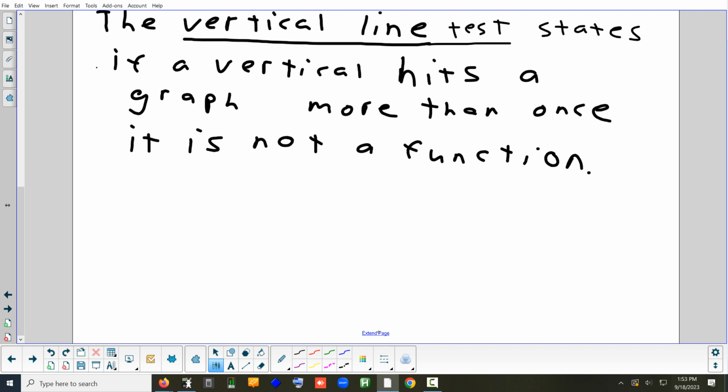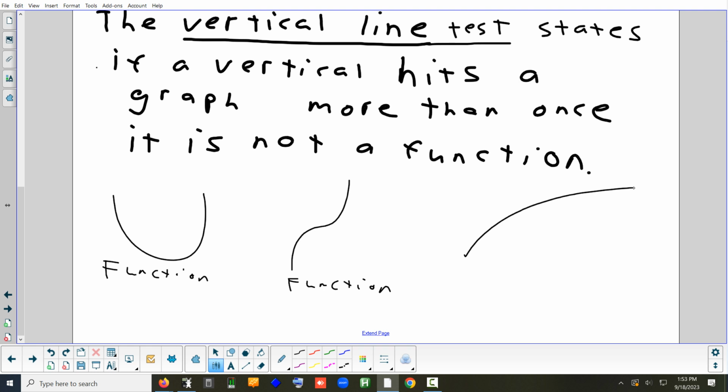Let me draw a couple shapes. How about that? Function or not a function? That's a function. Yeah. How about that? That's a function. Yep. How about that? This is a square root. Square roots? Yeah, square roots are functions.